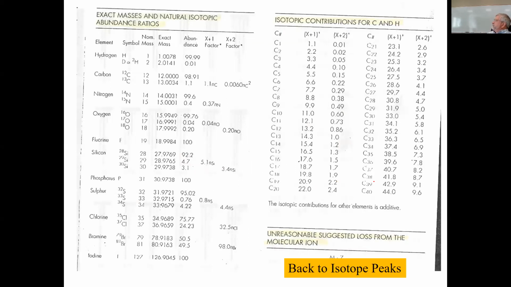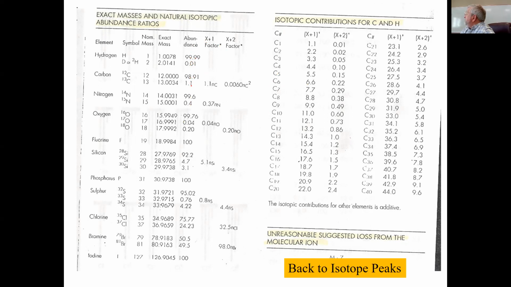And here's a table in that handout I gave you for mass spec, and you can see that up here, hydrogen. Let me just define some of these. These are the natural abundances. So 99.99% hydrogen 1, 0.01% hydrogen 2.